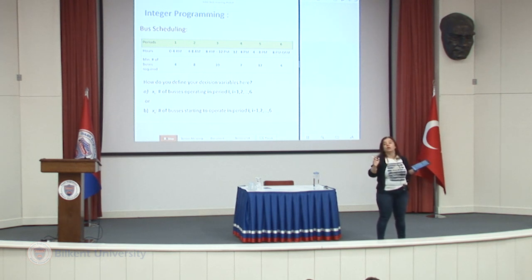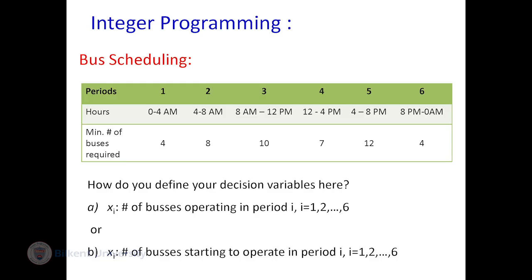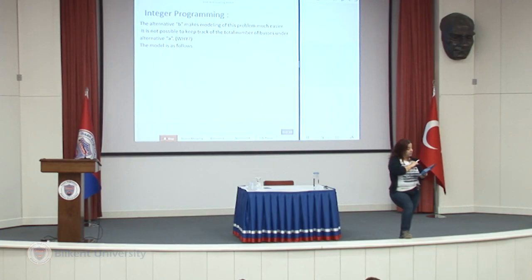But my buses work for 2 consecutive periods, okay? So there are 2 options in here. Option A says number of buses working in period i. All right, yeah, maybe. But option B says number of buses starting to work in period i. If I define it like this in option B, my formulation is a lot easier than if I were to do it for option A. Here it comes.